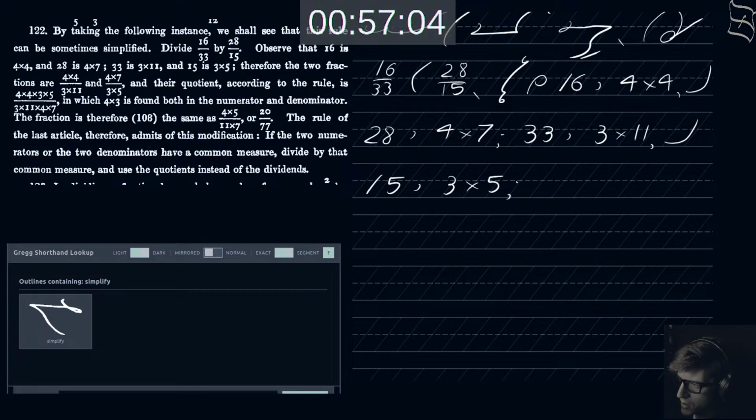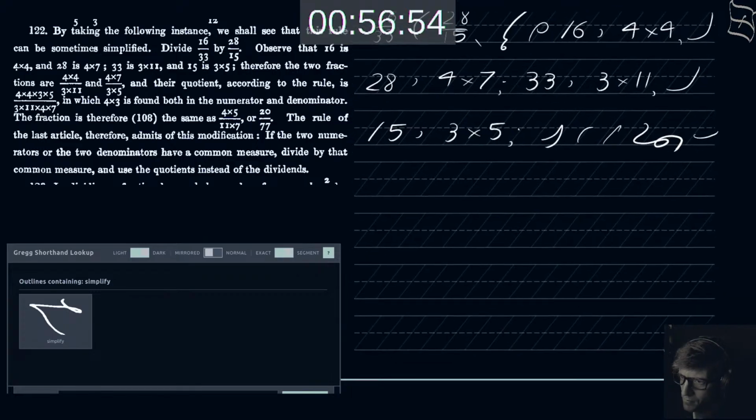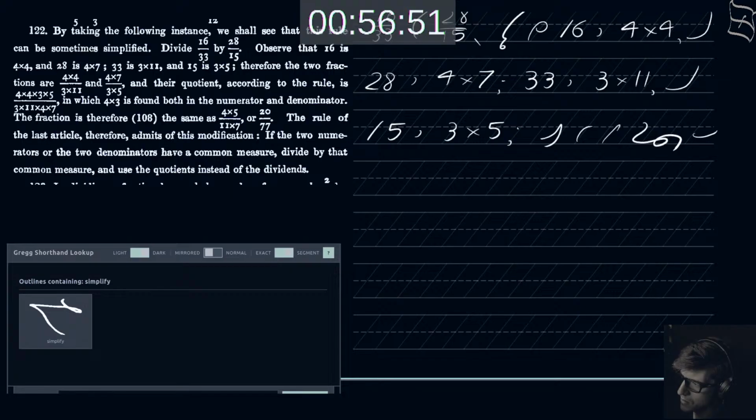Therefore, the two fractions are laid out: 4 times 4 over 3 times 11, and 4 times 7 over 3 times 5.